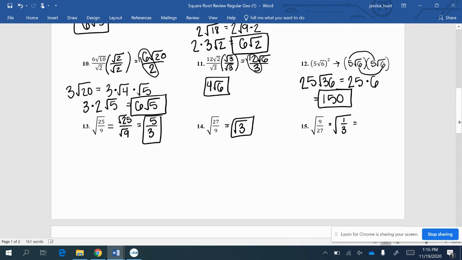We can break that up as well. Square root of 1 all over the square root of 3. Square root of 1 is just 1. So 1 over the square root of 3. You have to rationalize your denominator now, though, because you cannot leave a radical in the denominator. So multiply square root of 3 all over square root of 3, which becomes the square root of 3 all over 3. And that's all.